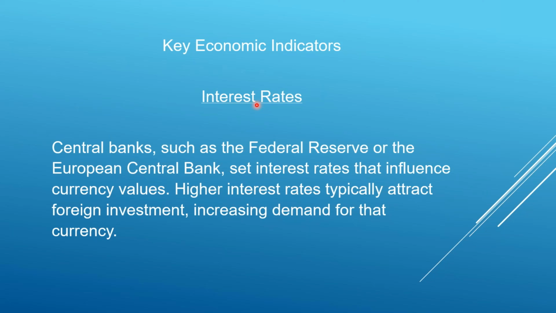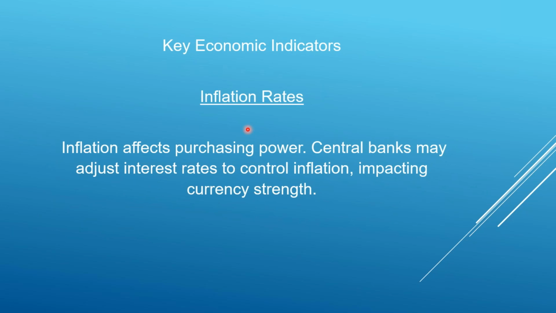A higher interest rate typically attracts foreign investment, so it increases the demand for that currency, and by the law of supply and demand, whenever the demand is high, the price goes higher. So when the interest rate goes higher, not every time, but most of the time, it increases the value of the currency.